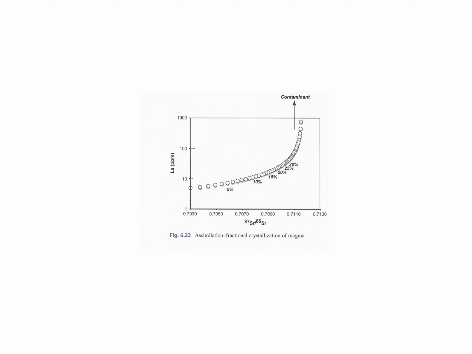When the lanthanum and the strontium isotope values rise up, then it is a sign for the contamination of the magma with some other rock types due to assimilation, yeah?